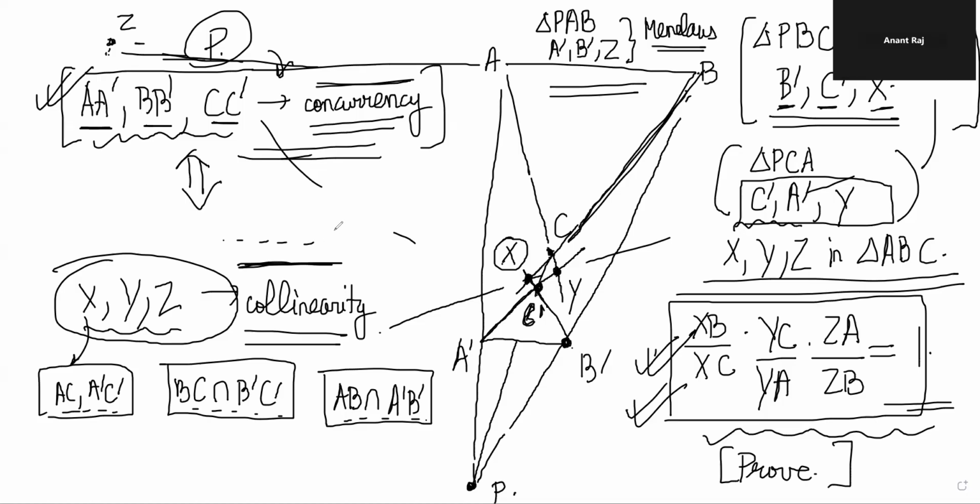But the point is not that you have to remember all these theorems. The point is that you should be able to apply Menelaus and Ceva in different situations. If you know how to do it, then many questions at lower levels will be easy. So we are doing it for practice and to understand Ceva and Menelaus in all of these situations.